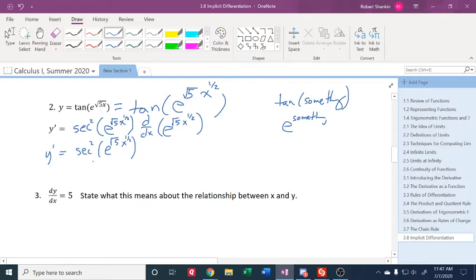The derivative of e to the something is e to the something, times the derivative of that something. Now this is why I wanted that to the 1/2 power, because it's easiest to take its derivative when it's written in that form rather than with a square root. So everything else is going to stay the same.